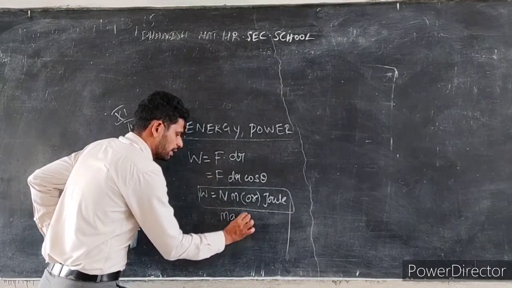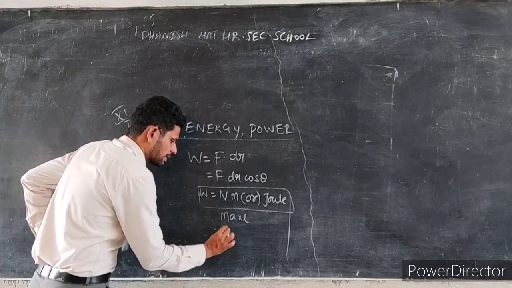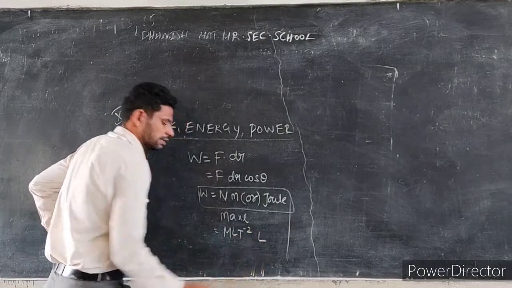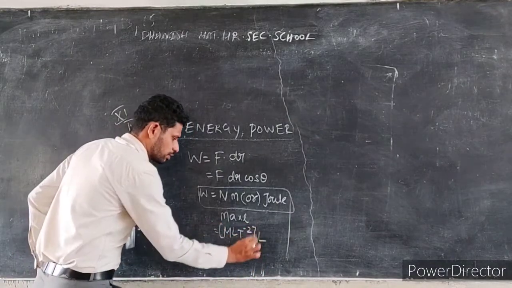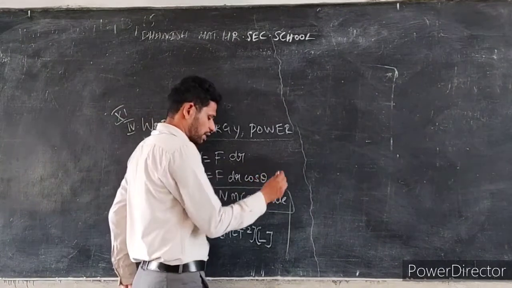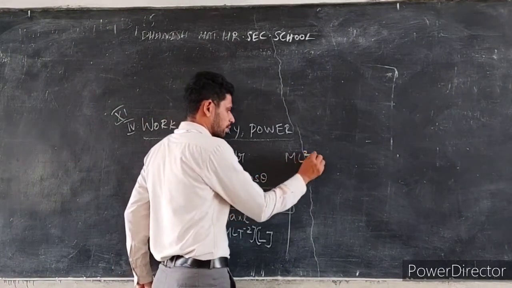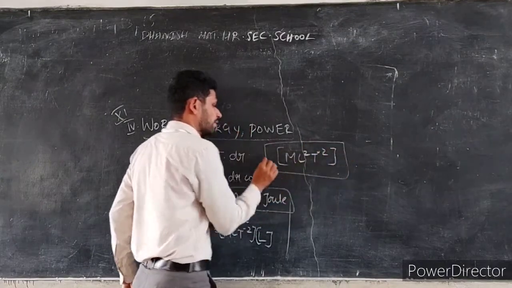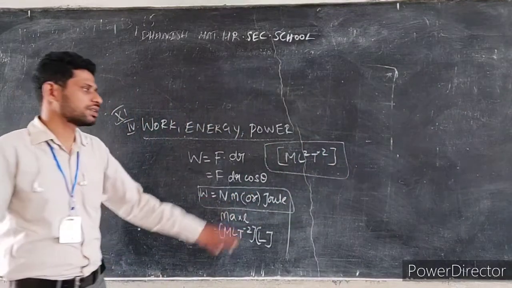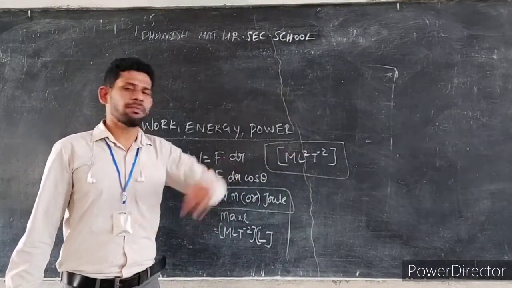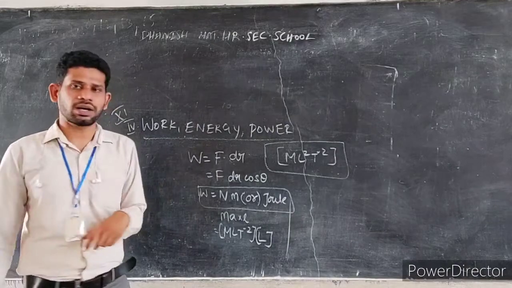So for mass, M; for acceleration, L T power minus 2; for length, L. Everything should be in capital letters. So the dimensional formula for the work done is M L square T power minus 2. Energy also has the same dimensional formula. M L square T power minus 2 is the dimensional formula for the work done.